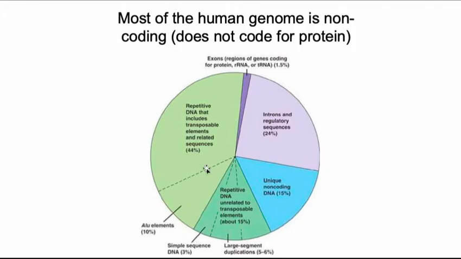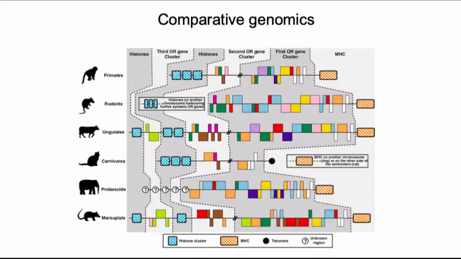The majority of it has unknown function, and a fraction of that is for regulatory purposes. And when you compare the genome of different species, you find that there's a lot of similarities. And there are families of genes that are present across all the different species.